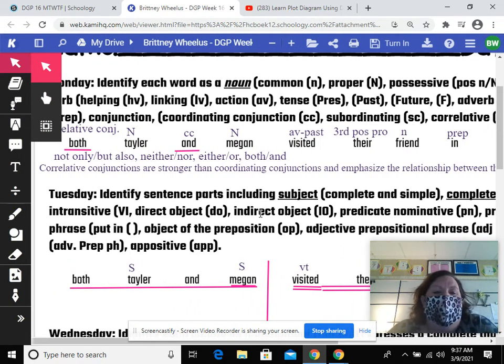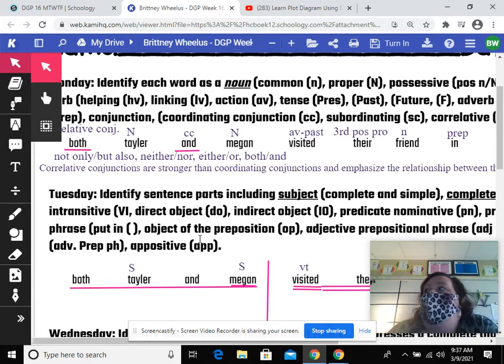Okay, so Taylor is a proper noun because that is naming a specific person. All right, and is a coordinating conjunction.